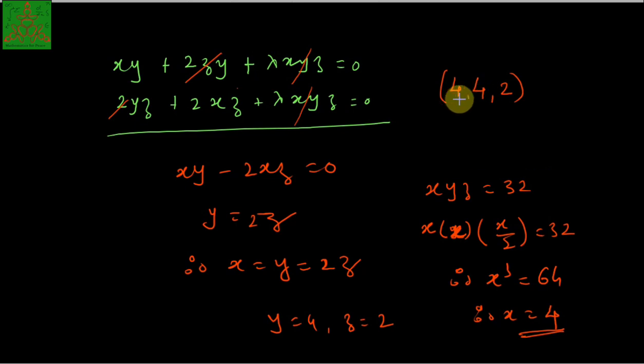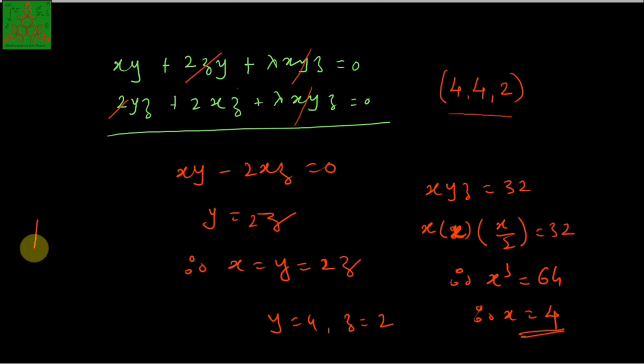So 4, 4, 2 is the stationary point. But yet we don't know whether this gives you a minimum value or a maximum value. We need to observe something.